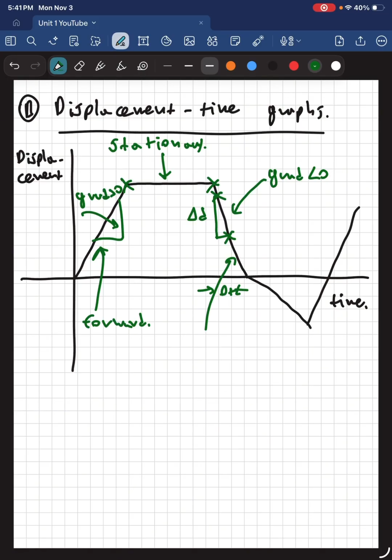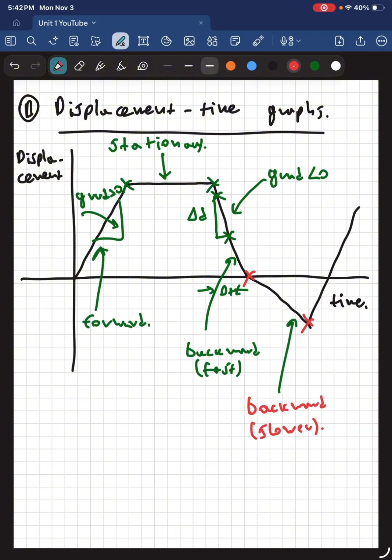So backward and fast. How do I know it's fast? Because it's steep. Whenever you have a steep slope in the distance or displacement graphs versus time, you know that the object is moving fast. In this segment from here to here, the object is still moving backward, but it's slower.